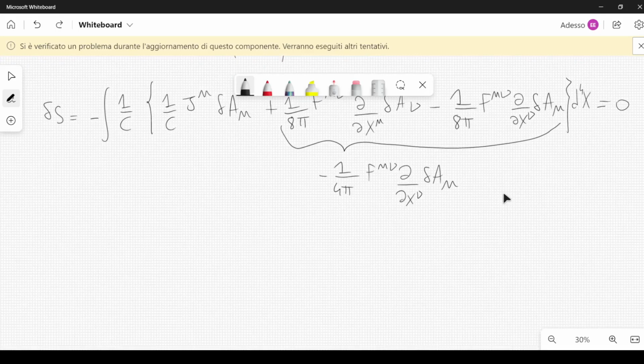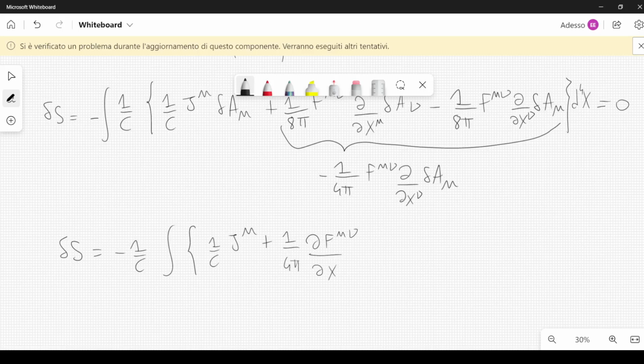Then what I'm going to do is I'm going to integrate this second term, so this term here, by parts. And if you do that, delta S can be written like this: minus 1 over c, integral, and then I have 1 over c, j mu, plus 1 over 4 pi, df mu nu, dx nu, and this multiplies delta A mu, d4x, and then you have a boundary term here, which comes from the integration by parts.